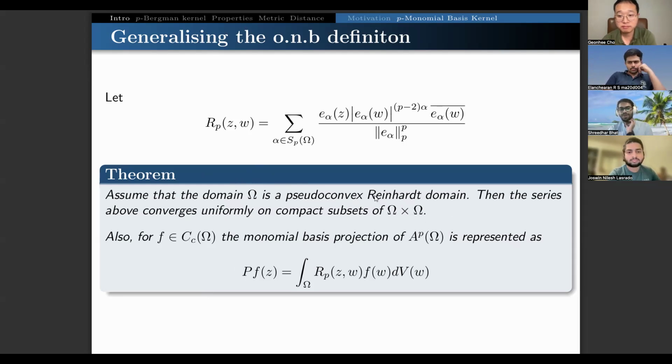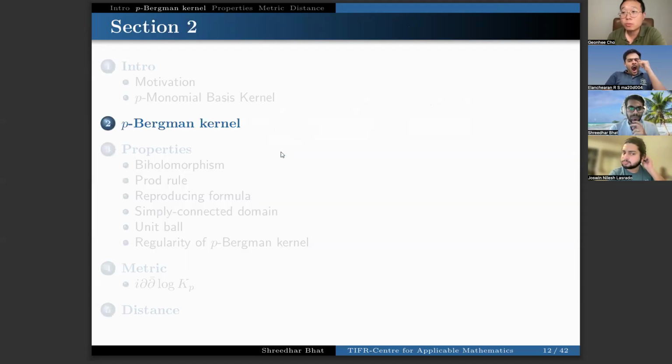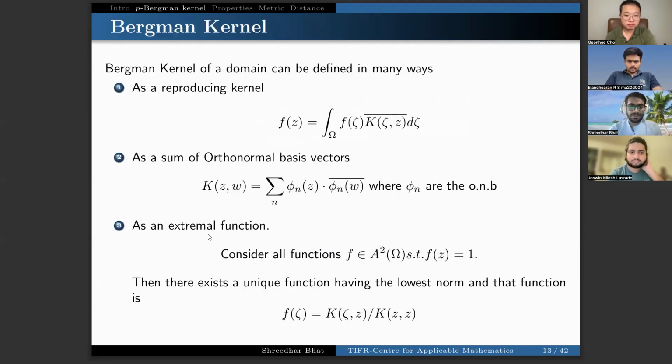So this is one way of defining it. Out of those three that I had, one of them, if you try to generalize using the orthonormal definition, you can get it in this way. But now what I want to focus more on is the other one, which is using the third one as the extremal function.